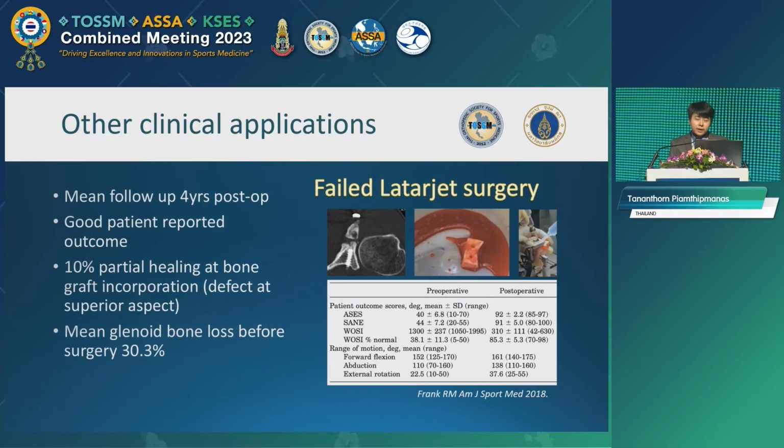Distal tibial allograft has some other clinical applications, such as failed Latarjet surgery. Dr. Provencher used distal tibial allograft in failed Latarjet surgery and reported good outcome scores. The mean glenoid bone loss before the distal tibial allograft was around 30%.